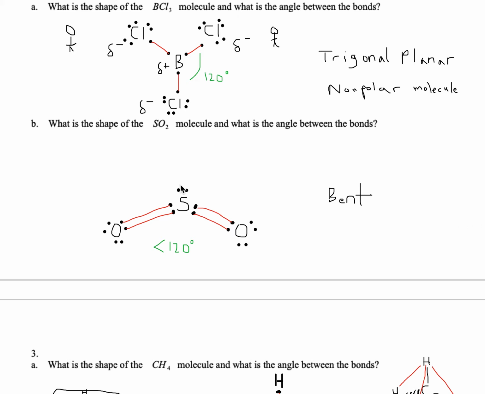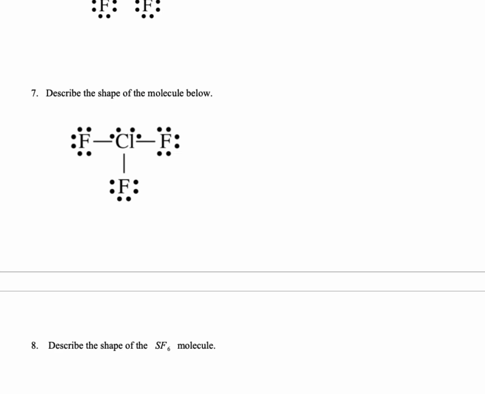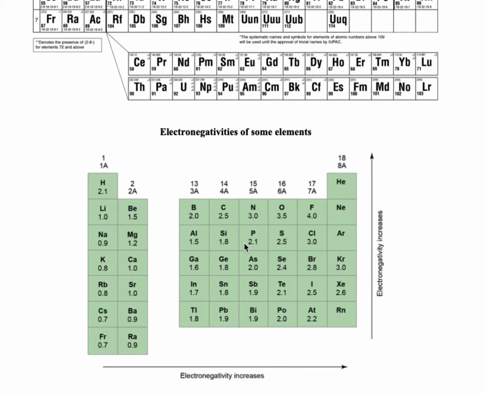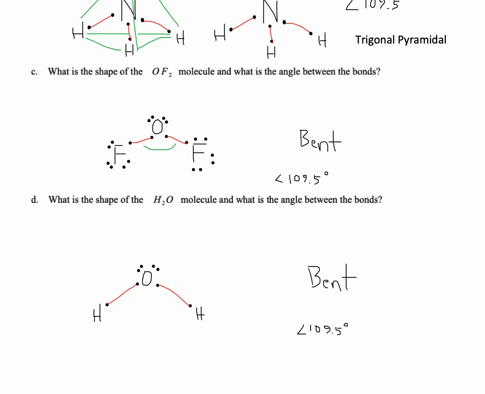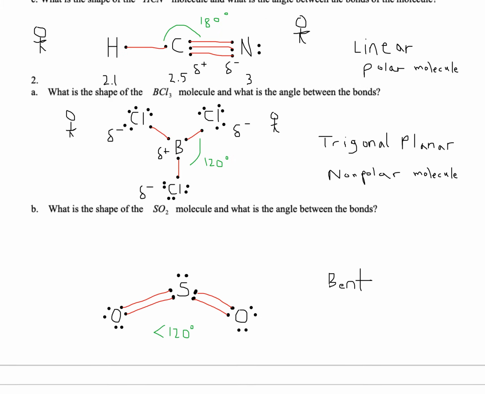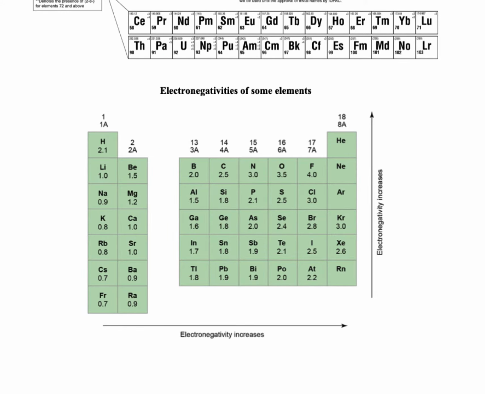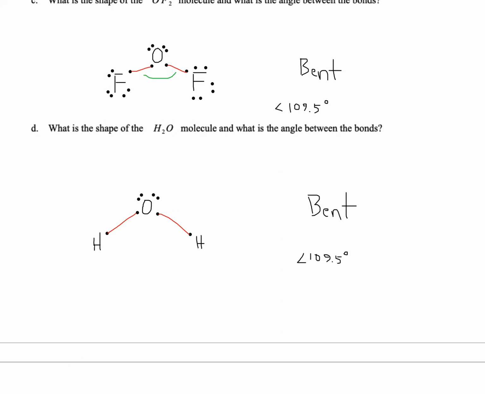All right, sulfur dioxide. Sulfur's electronegativity is 2.5, oxygen is 3.5, so that's a difference of 1, which means that these bonds are polar. In this case, oxygen has the higher electronegativity.